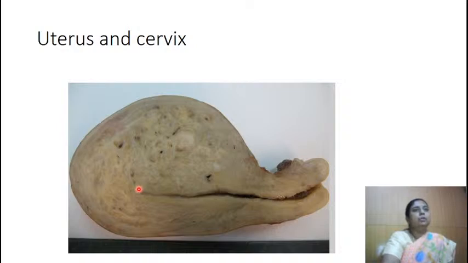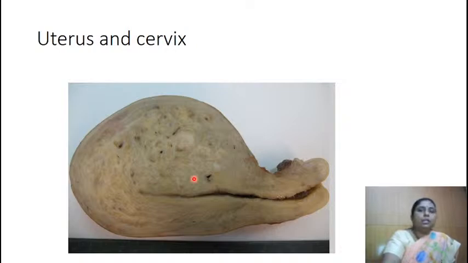When we remove an organ or a portion of an organ from your body cavity, what happens? The blood supply is cut off, is it not? And once the blood supply is cut off, it is not having the nutrition, and the metabolism of it is not maintained. So the tissue gets degenerated.